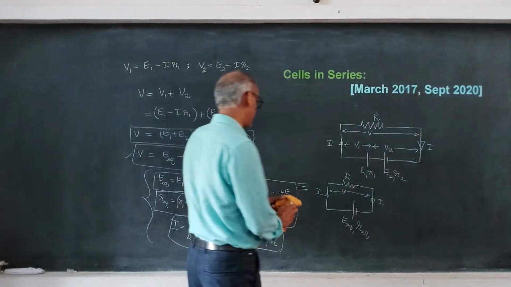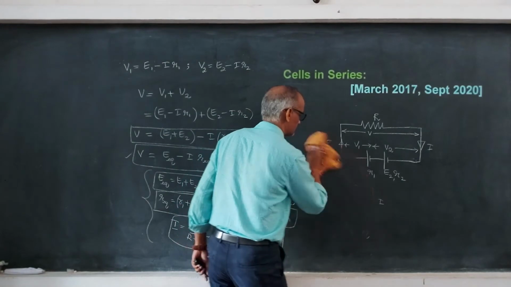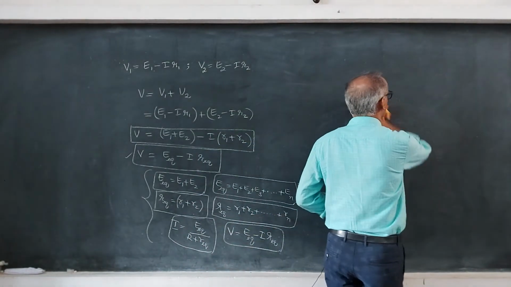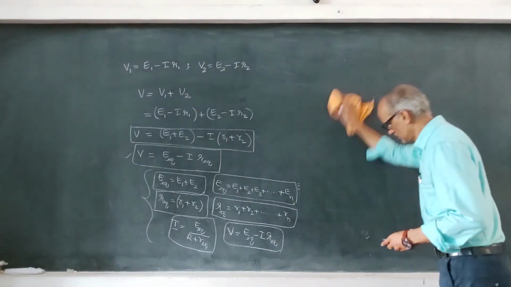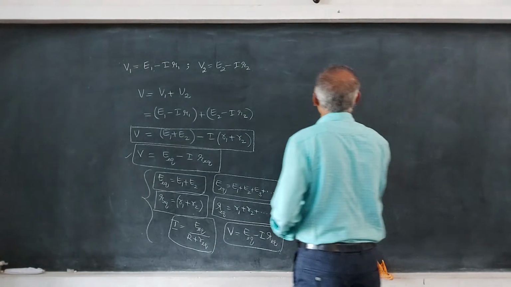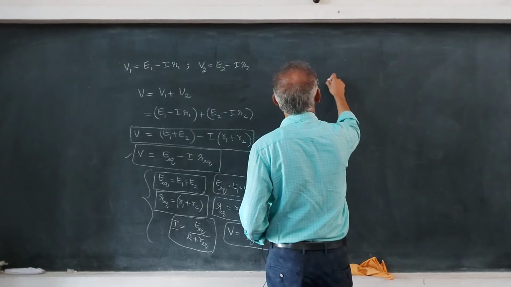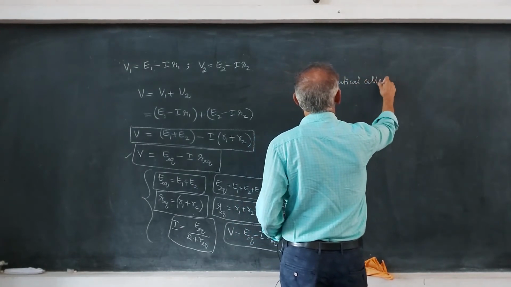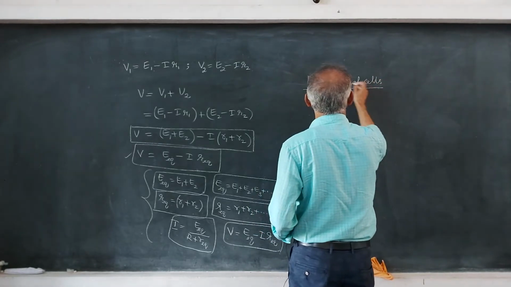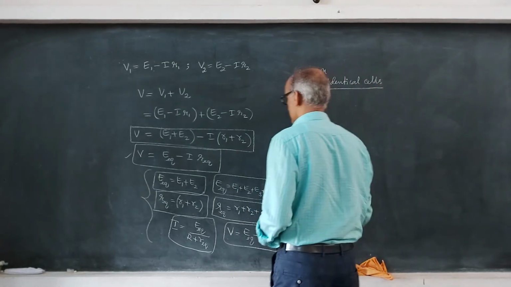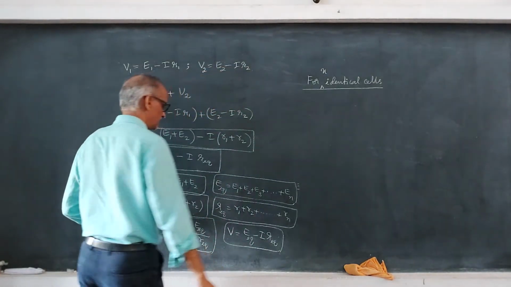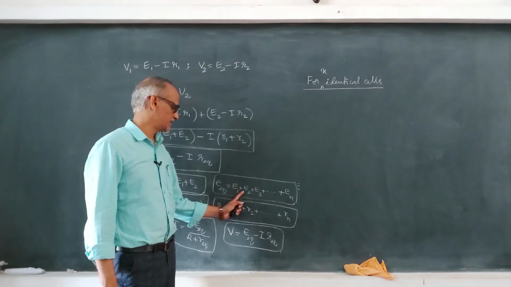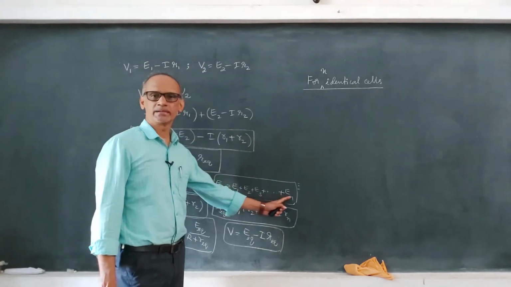Now what if the cells are identical? For n identical cells, if the cells are identical, then the EMF is the same, E plus E and so on, n terms.